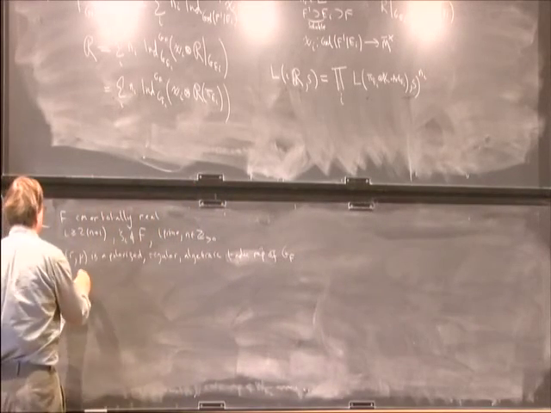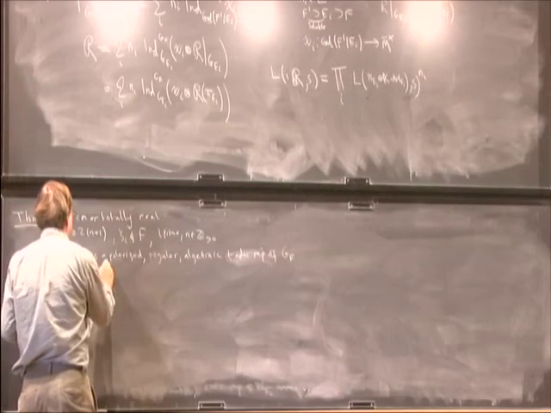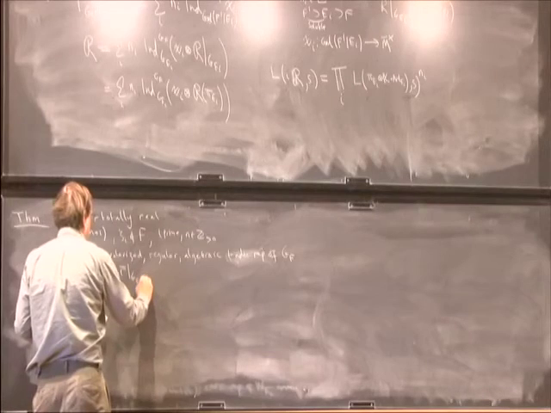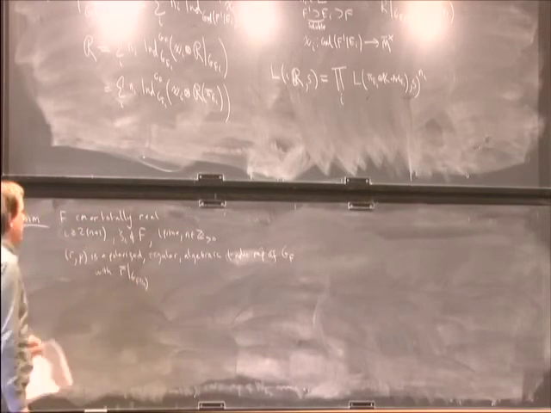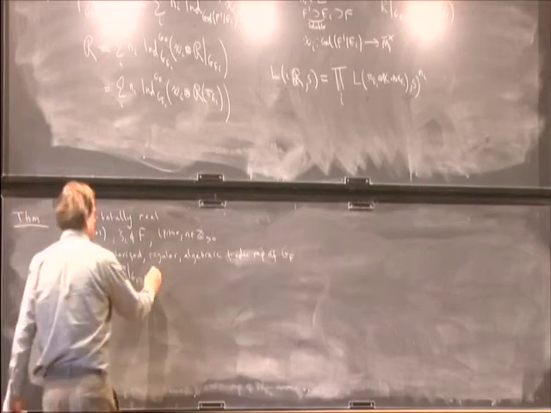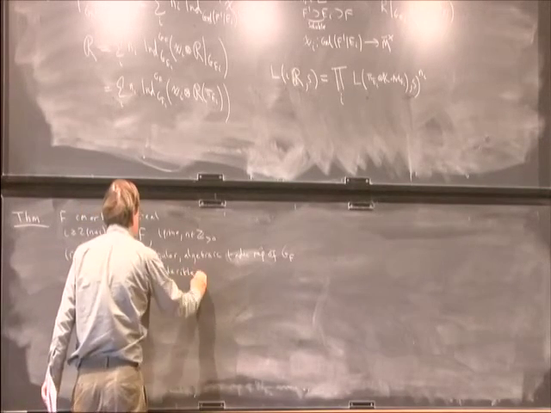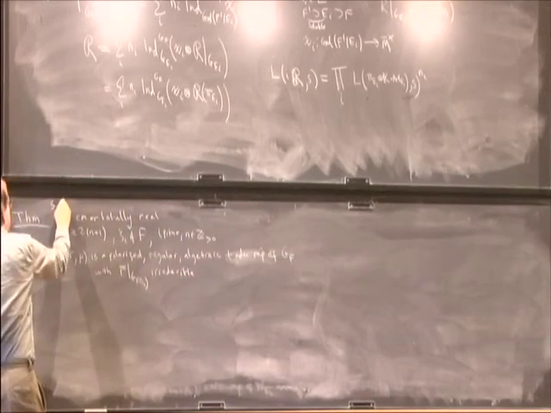And I want to assume that when I form the reduction and restrict to the cyclotomic field F(zeta_L), this is irreducible.